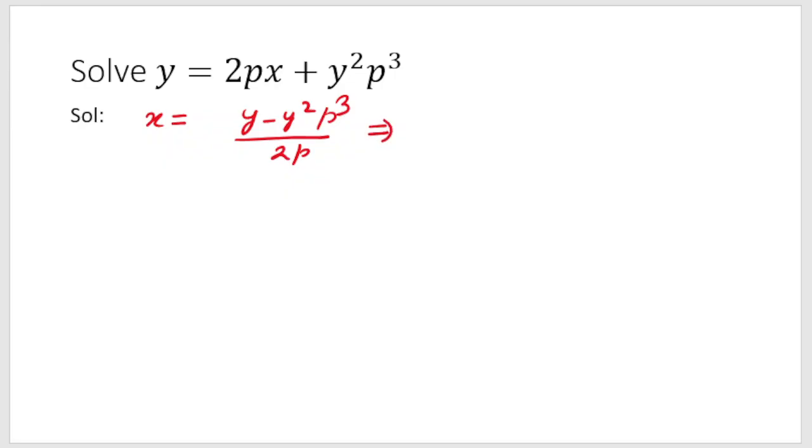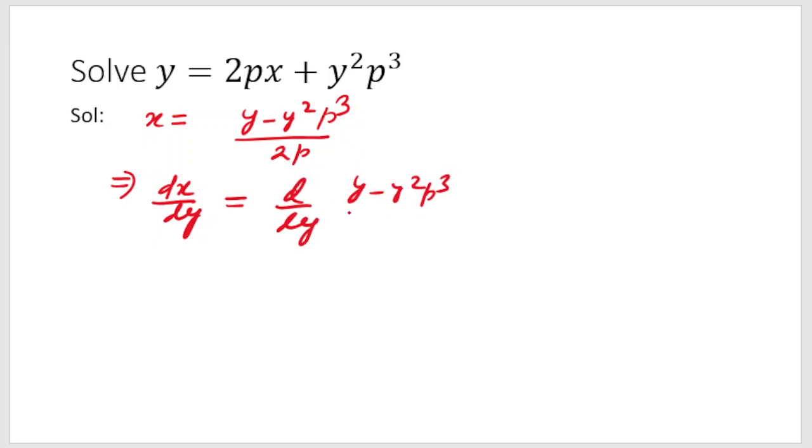And then what we do in the next step, I am going to write it vertically, no problem. In the next step I am going to differentiate it with respect to y. So I will write dx by dy equals d by dy of (y minus y square p cube) divided by 2p. What we do next, we replace dx by dy by 1 by p.